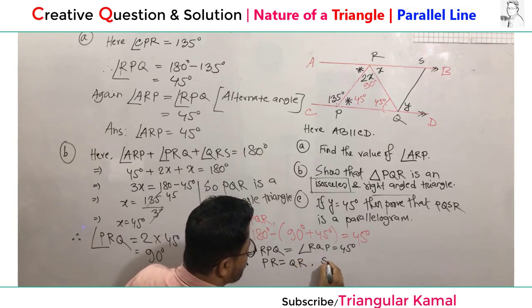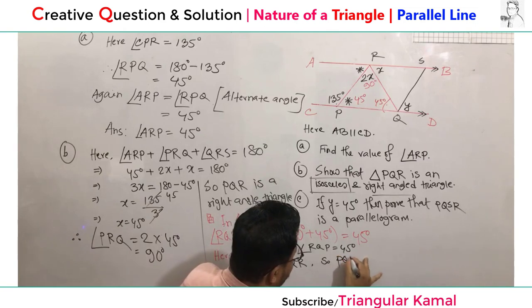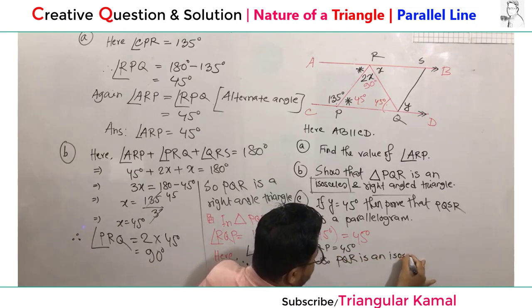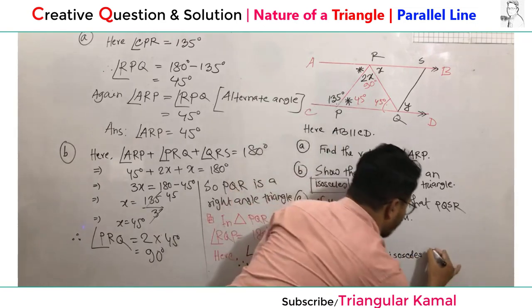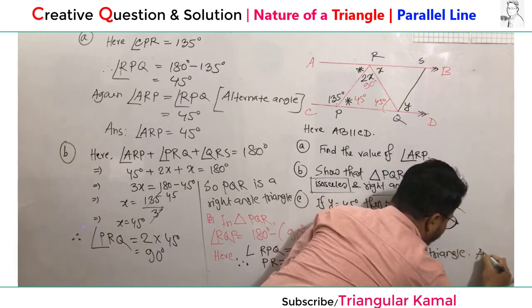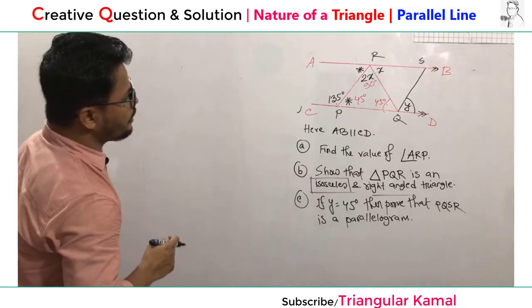So PQR is an isosceles triangle. This is our final answer, as shown. So this is the 45 degree angle.